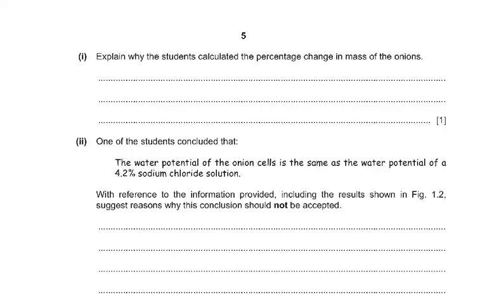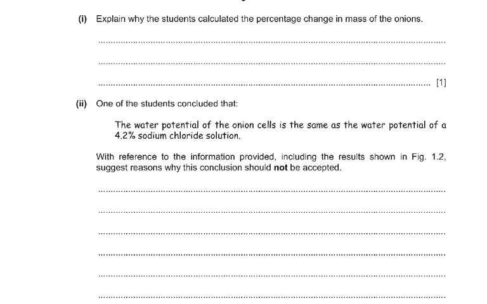Now explain why the students calculated the percentage change in mass. Now I always give you this example. If I say 10% of my students got an A, you can say, okay, that means if she had 100 students, 10 got an A. But if I say 2 students of mine got an A, you have no idea.